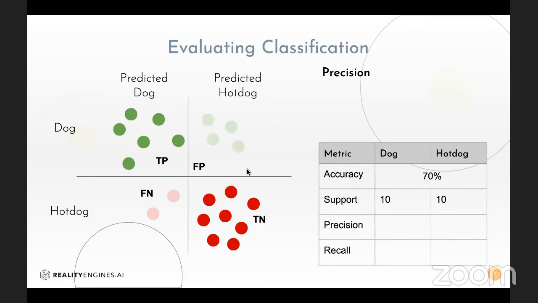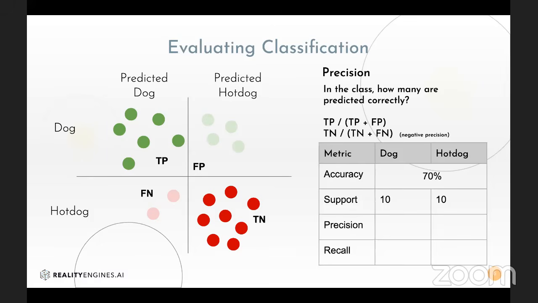So the next metric is precision, and precision is, within a certain class, how many does your model predict correctly? So for each class, we can look at what the precision is, and it's just the true positives divided by the total number of points in the class. Sometimes for the negative class, precision is called negative precision, but it's the same thing. You look at the correct predictions divided by the total number of points in the class.